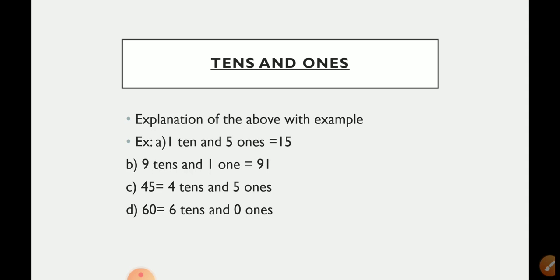Then we have one more kind of tens and ones, 45 and 60. Two examples I gave. 45 means 40, that means 4 tens are there, 5 means 5 ones. Then second one is 60. 60 means 6 tens are there and 0 ones.